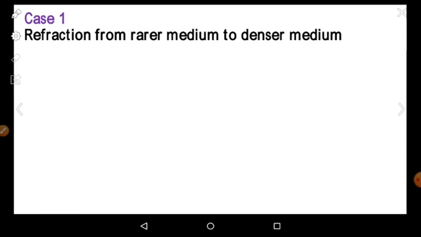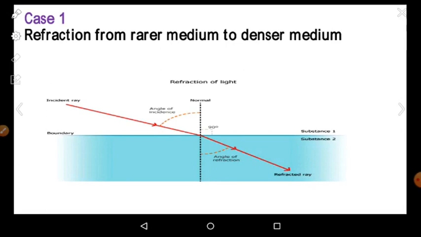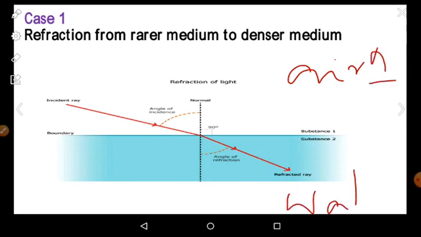In the first case, the light is traveling from less density material to high density material. Here we have a diagram, and this is air. Suppose this is medium 1, and this is water, the second medium, and the light is traveling from air to water, lesser density to higher density.